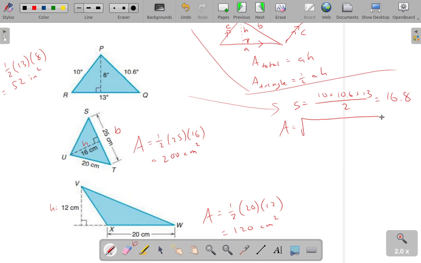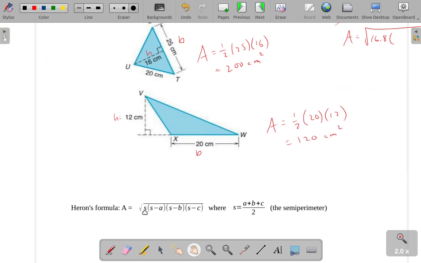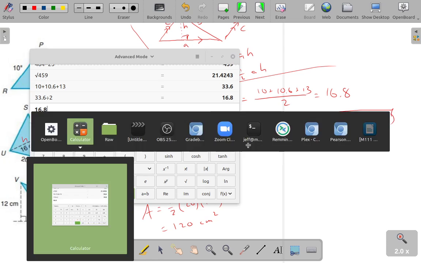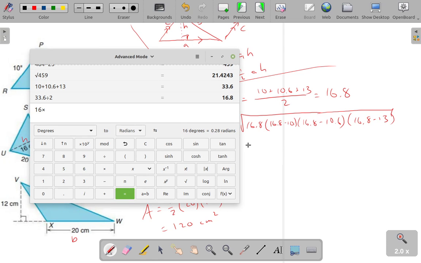We take the square root of 16.8, that's the S. Next I'll do S minus A: 16.8 times parentheses 16.8 minus 10, times parentheses 16.8 minus 10.6, times 16.8 minus 13.